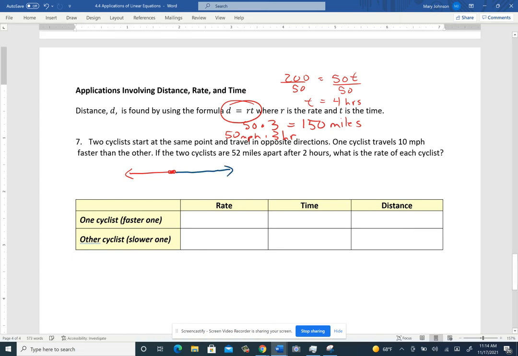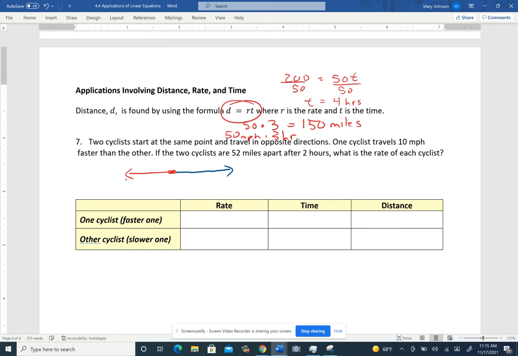Okay. One cyclist is going 10 miles per hour faster than the other. And it says if the two cyclists are 52 miles apart after 2 hours, what is the rate of each cyclist? So after 2 hours, we're going to stop and look at where they're at.